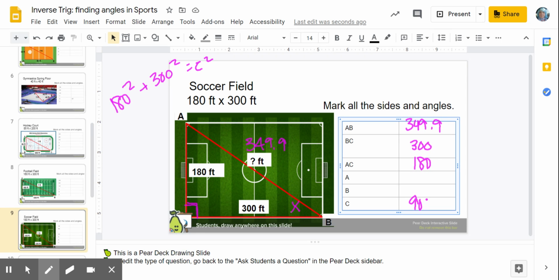So do we want to use sine, cosine, or tangent? Cosine. Okay. So we haven't used cosine yet. So we need the adjacent. And we need the hypotenuse. We're looking for an angle. And we're going to do A over H because the H always sinks to the bottom.